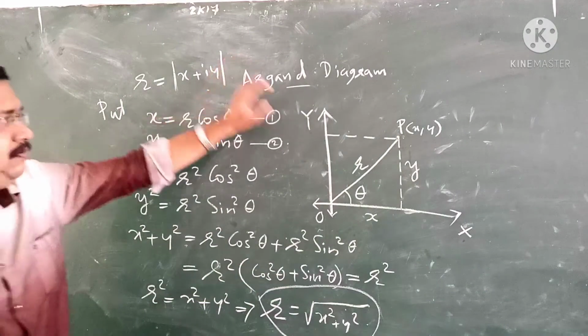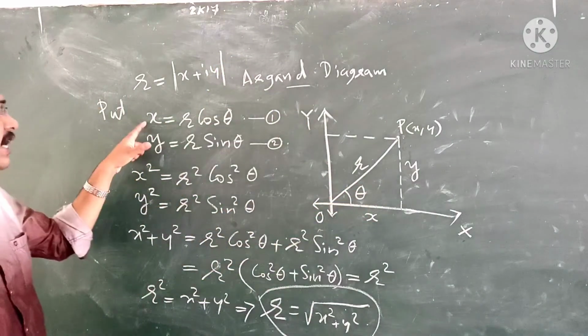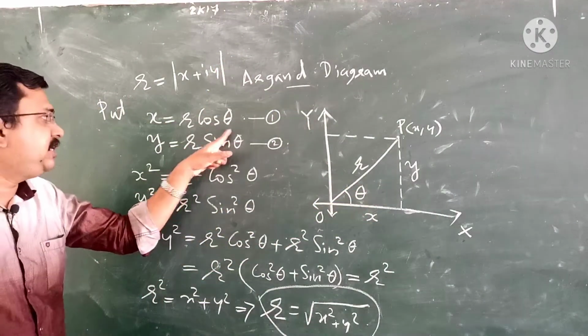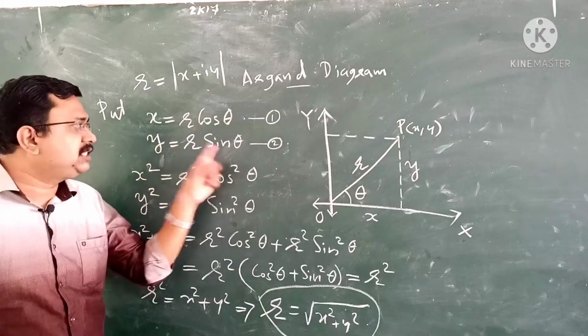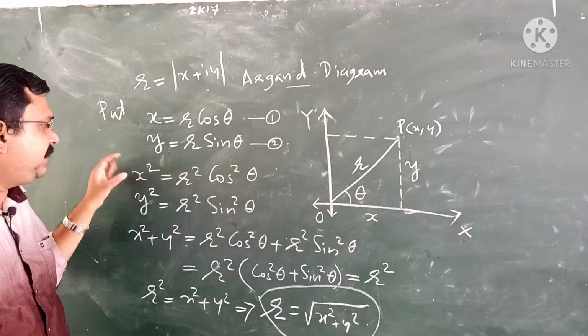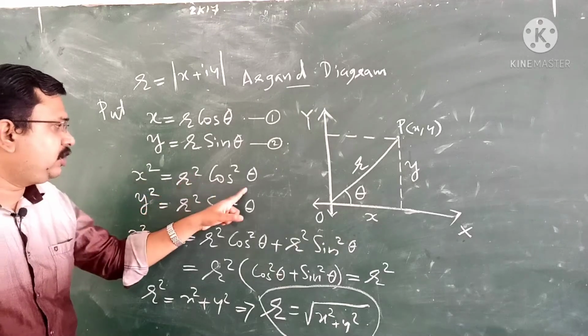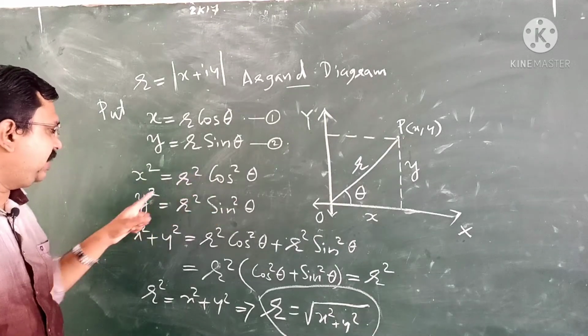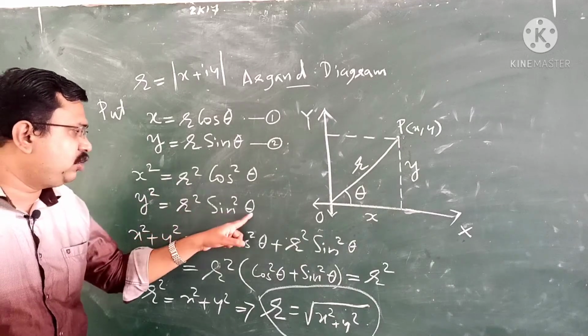Once more, from the Argand diagram we can say that x equal to r cos theta and y equal to r sin theta. Squaring both sides, we get x square equal to r square cos square theta and y square equal to r square sin square theta.